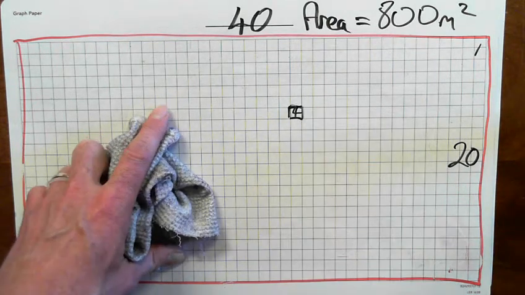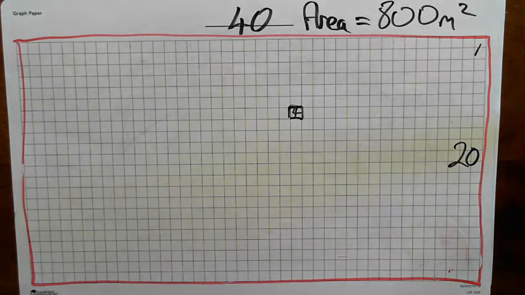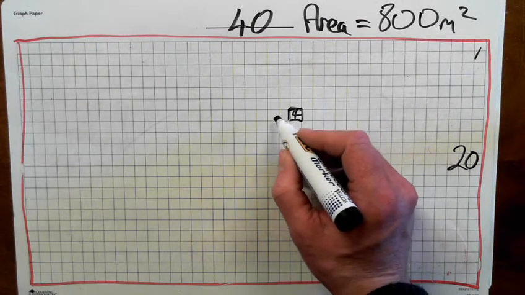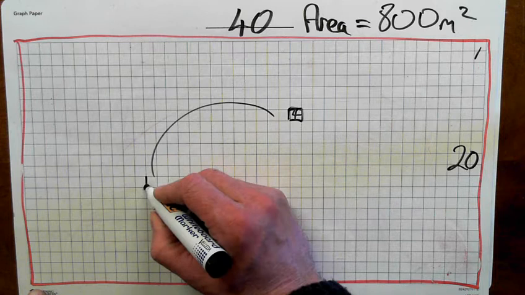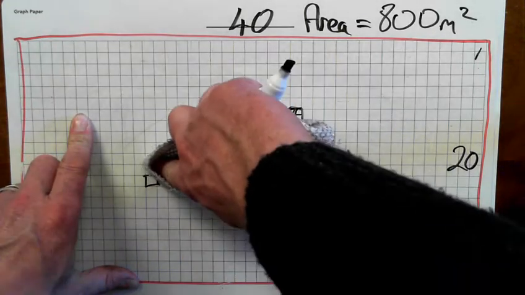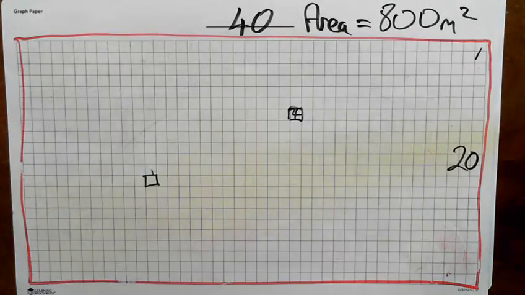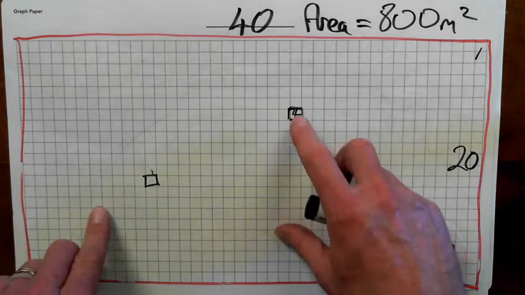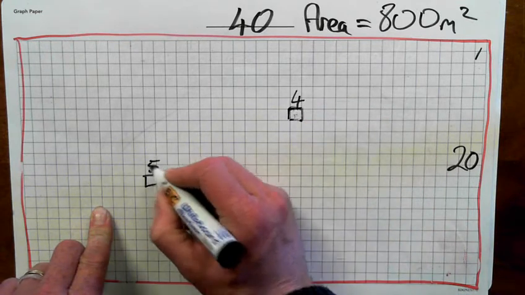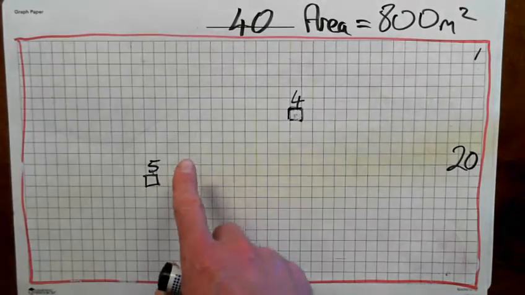So 4. Then I'm going to kick my football, stand here, and kick it across the field. The ball lands there, and I place my quadrat down at that position. I count the number of daisies in that location. So let's say there's 5. Kick the ball again.